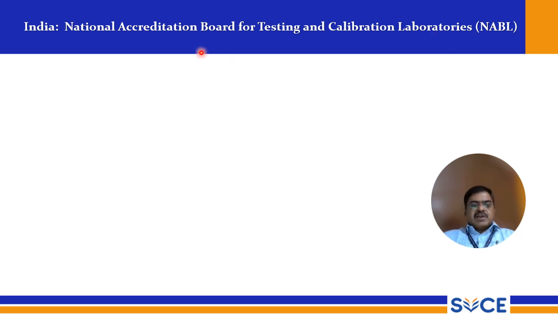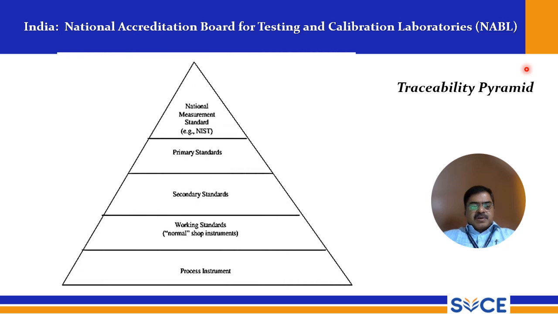And in India, we have the National Accreditation Board for Testing and Calibration Laboratories, also known as NABL laboratory. And this is the traceability pyramid. Starting from the process instrument, we have working standards, normal shop instruments, then secondary standards, primary standards, and national measurement standards. And this is the highest standard, NIST.